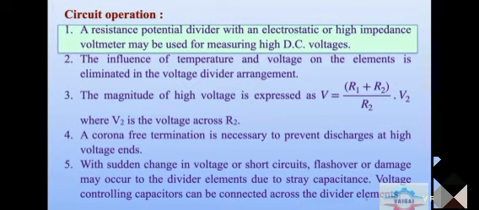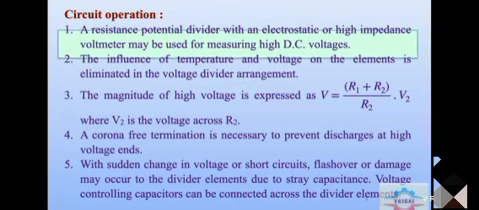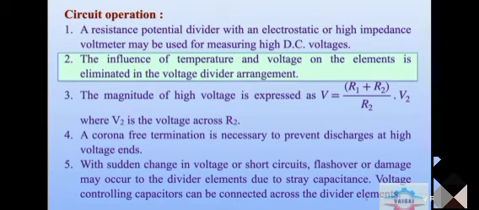A resistance potential divider with an electrostatic or high impedance voltmeter may be used for measuring high DC voltages. The influence of temperature and voltage on the elements is eliminated in the voltage divider arrangement.